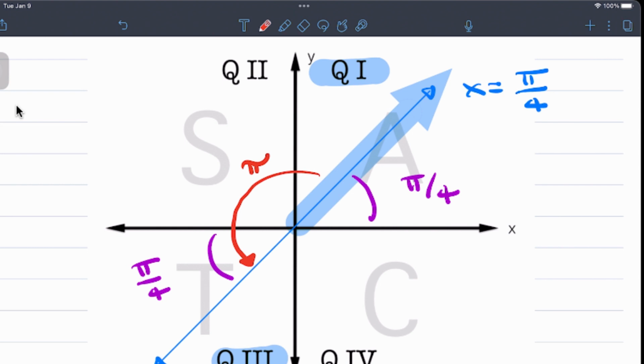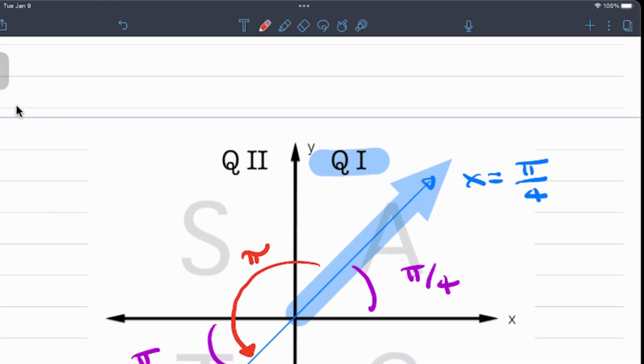Opposite quadrants. All right, you guys okay with that? And that's when tangent is positive.